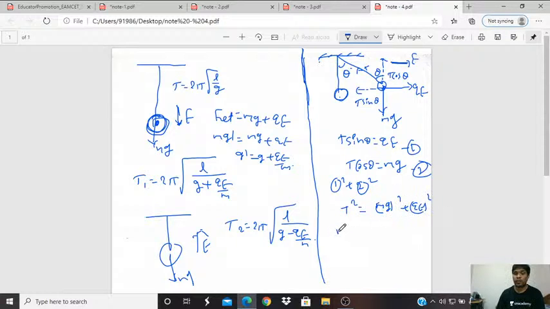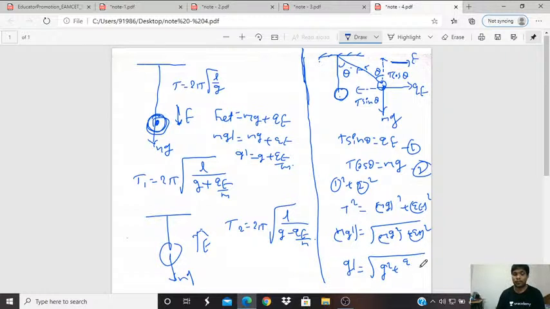And T equal to M into g dash whole square, or take this side Mg dash, Mg whole square plus QE whole square. So g dash, M will come out and get cancelled, equal to under root of g square plus QE by M whole square. This is the g dash value.